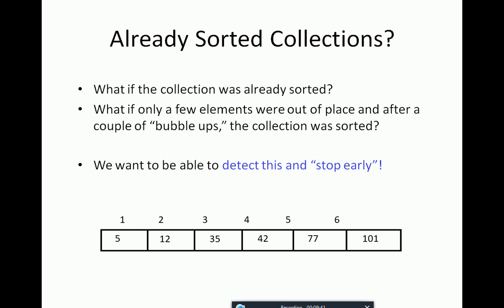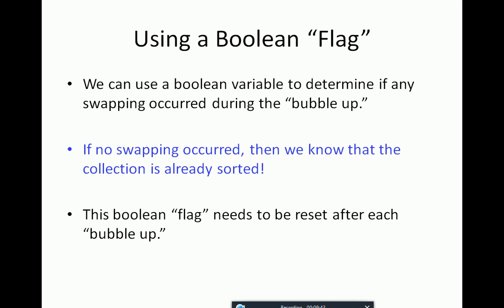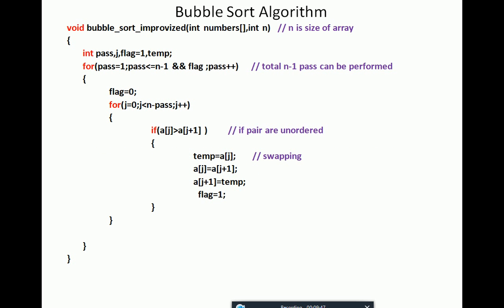So what we need to do is introduce the concept of a flag. A flag is a kind of variable which will look at whether swapping has been done in any pass for all comparisons.